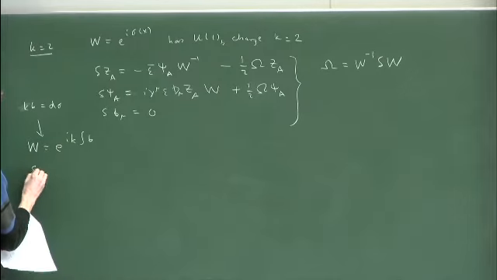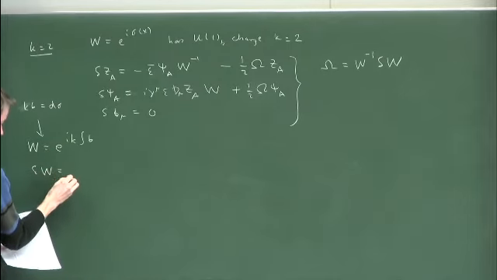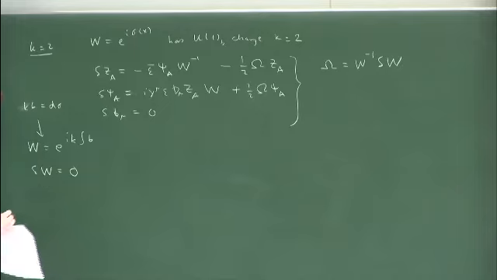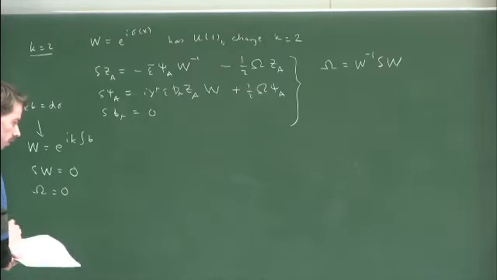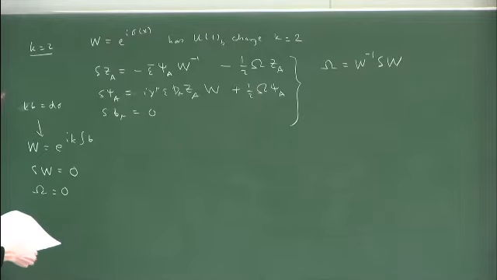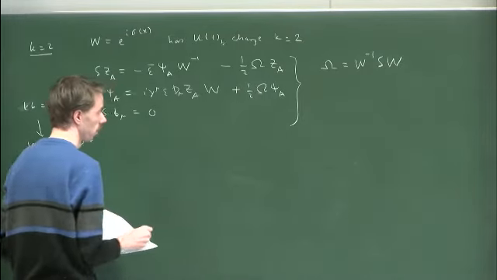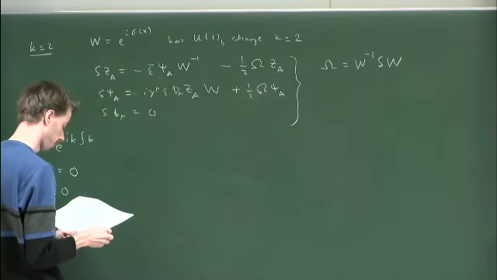So it means that supersymmetry variation of this monopole operator is vanishing, and that means that omega is vanishing. But in the non-abelian case, this does not need to hold, so I think that omega is non-zero in the non-abelian case, and that's why I want to introduce this in the abelian case also.